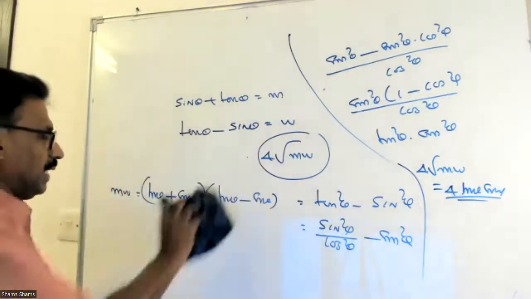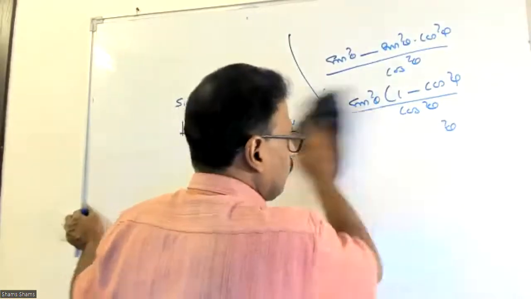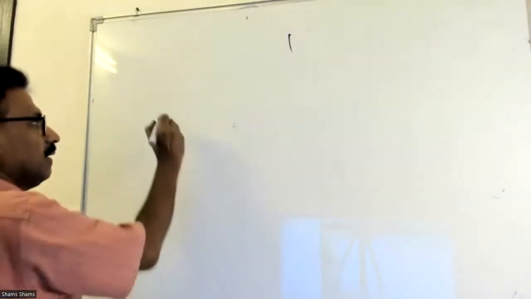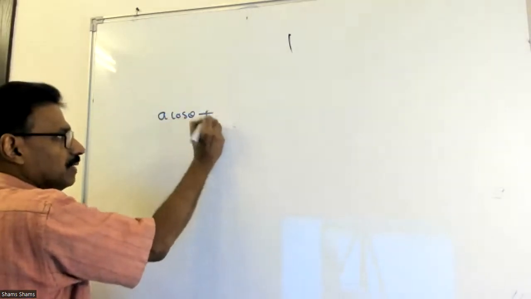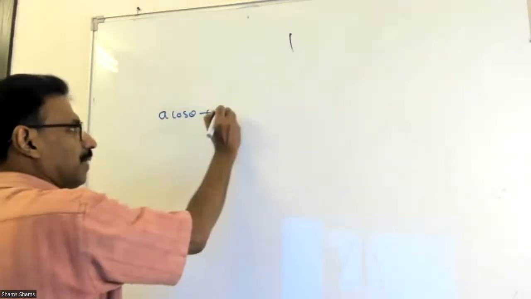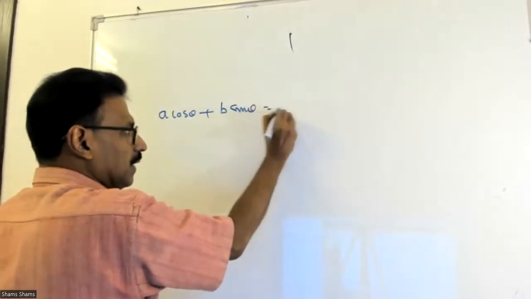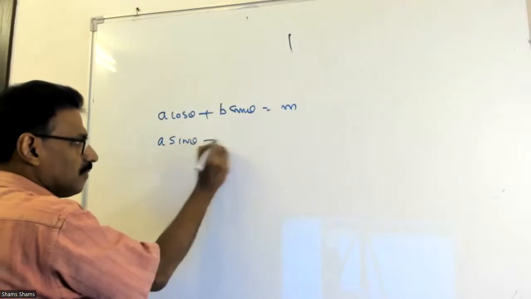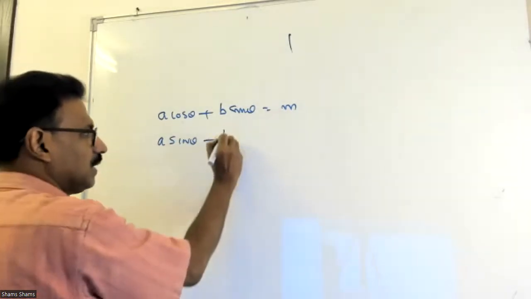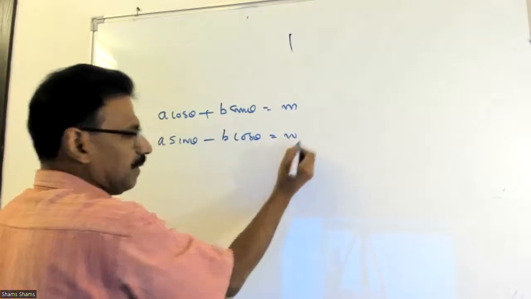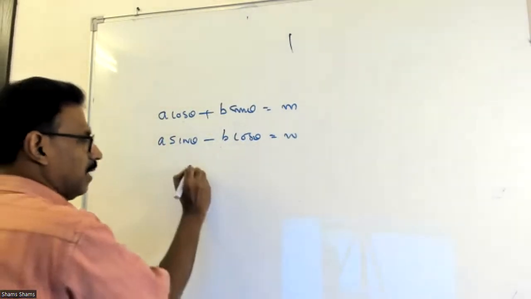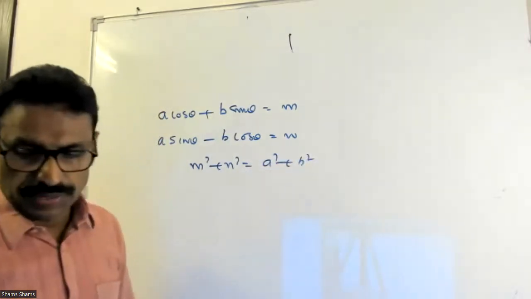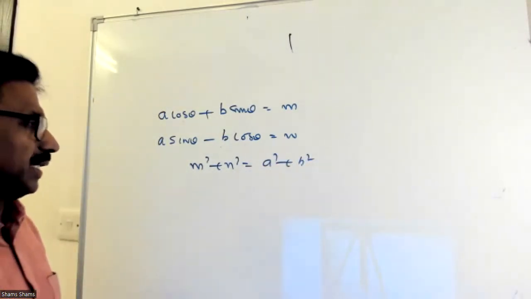If A cos theta plus B sin theta equal to M, then A sin theta minus B cos theta equal to N. Prove that M square plus N square equal to A square plus B square.